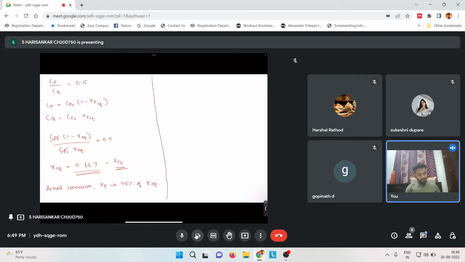So that means actual conversion Xp is equal to 0.75 into 0.667, and that will be approximately 0.5. So the actual conversion here is 50%.